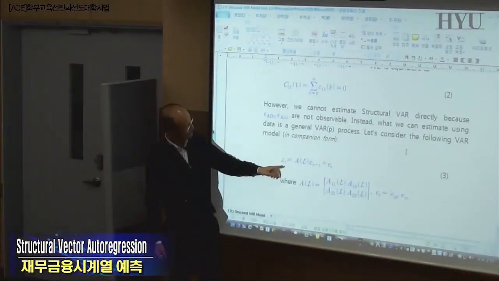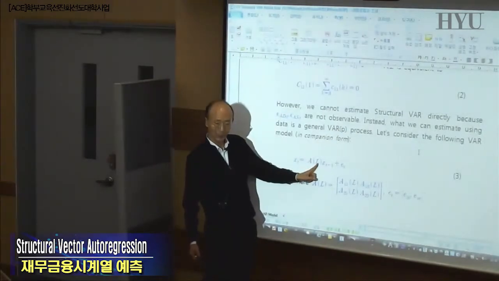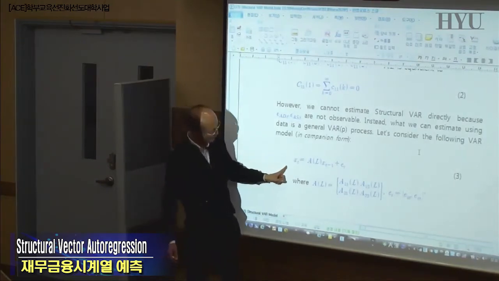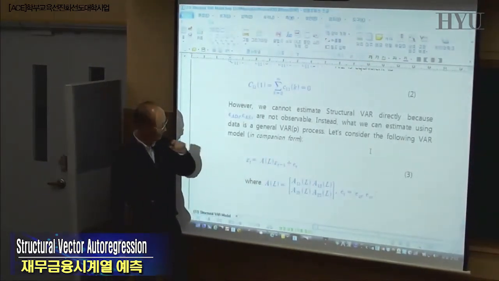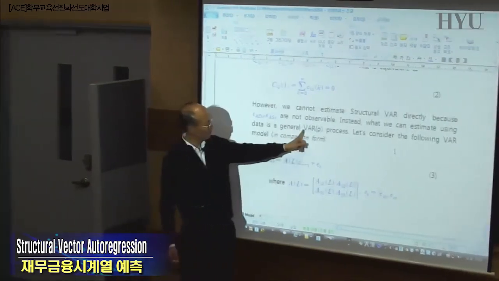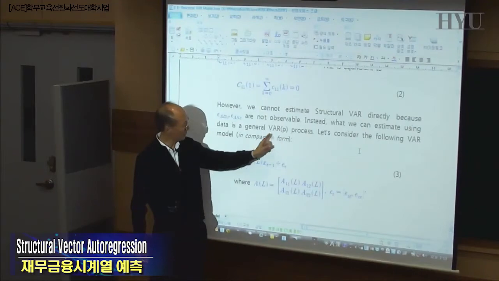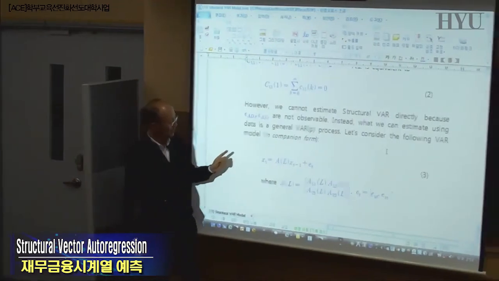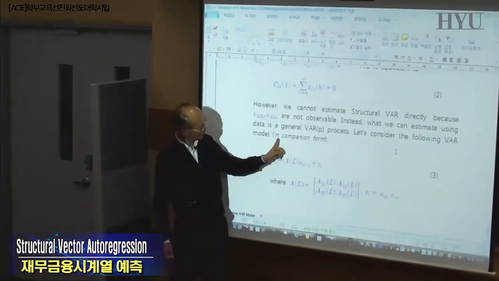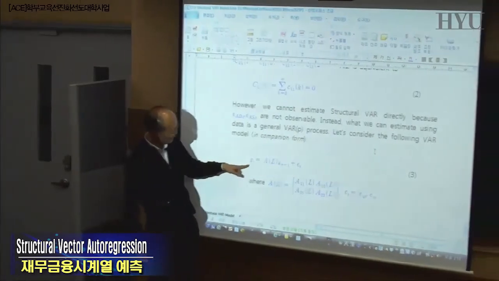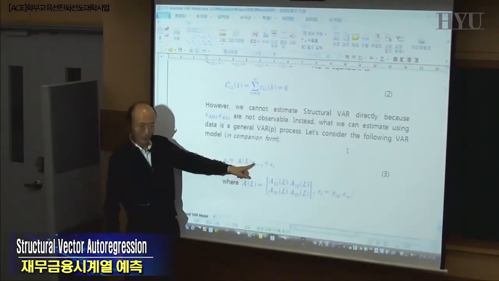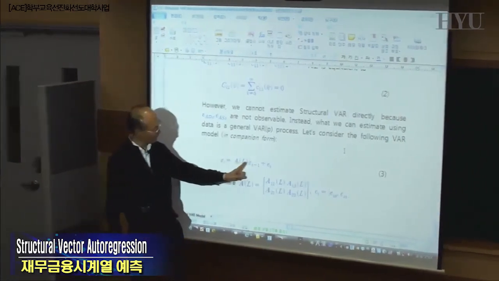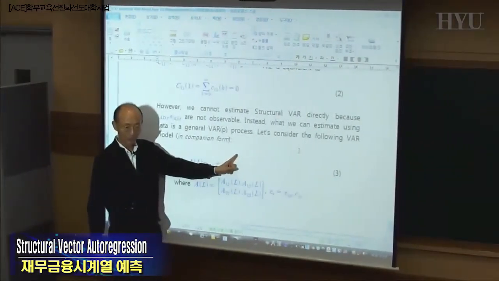We didn't write VARP process in this way previously, but later you will see the exact meaning of this one. But for the time being, let's think of it this way: even if you have VARP, so you're looking at lag all the way up to p, the thing called a companion form is to relate x and its lag using polynomial only. Okay, so you don't have any p lags here. Okay.